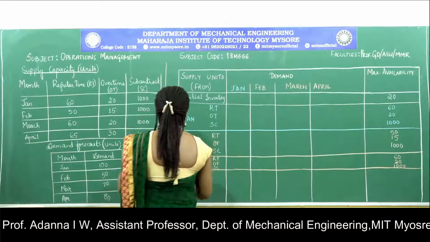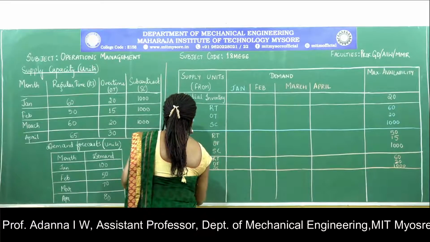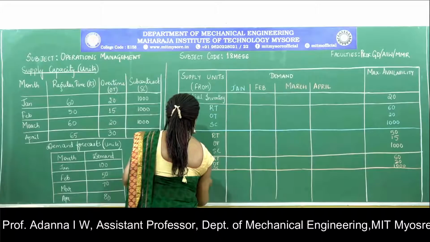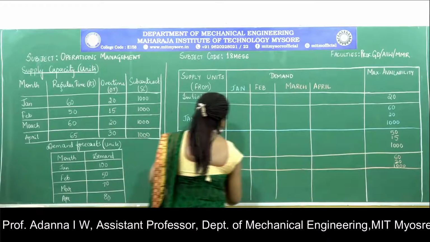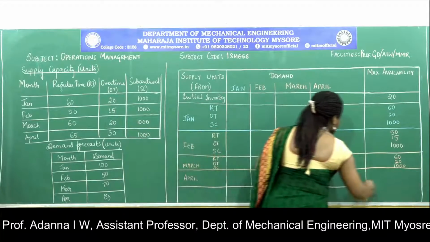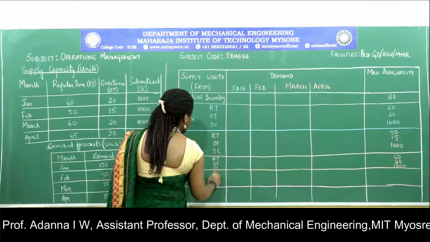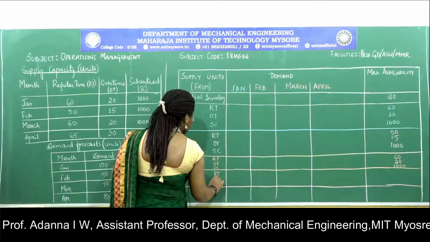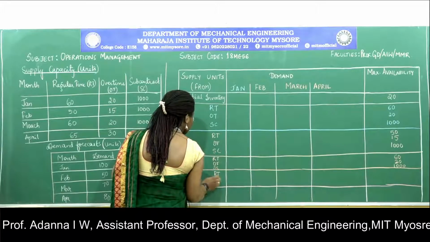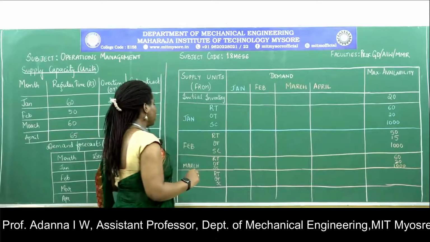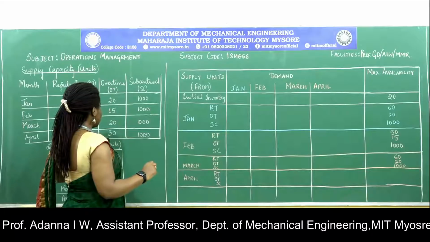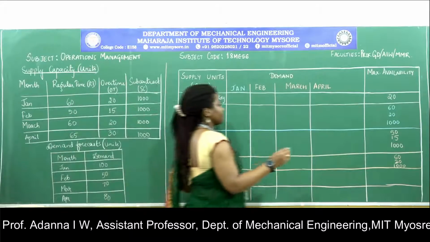And then for the month of April, again regular time, overtime and subcontract. You need to write the values 65, 30 and 1000.